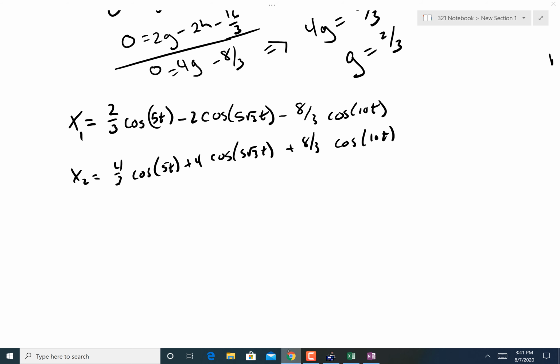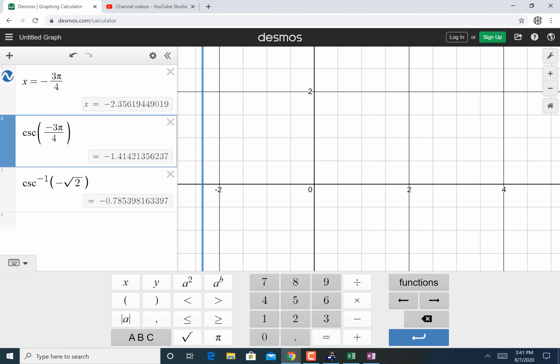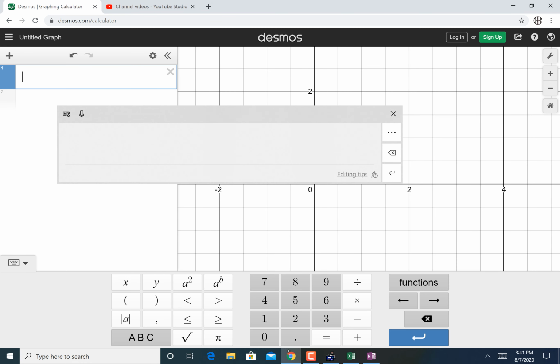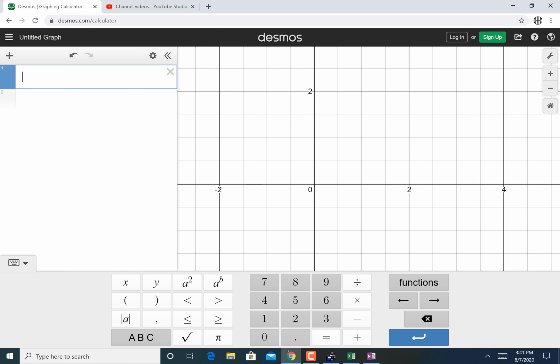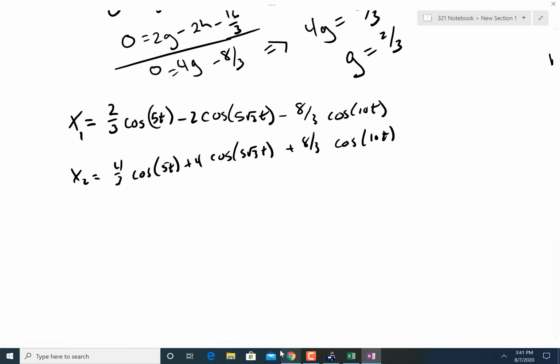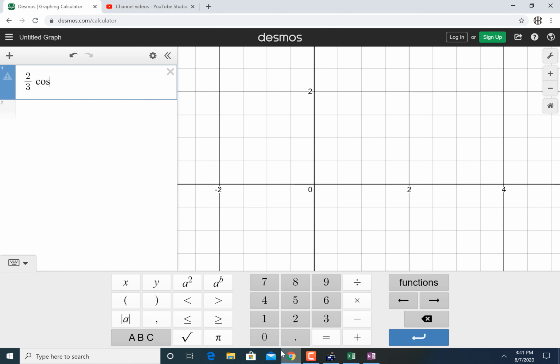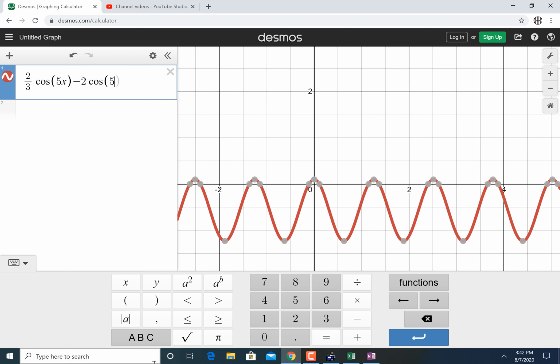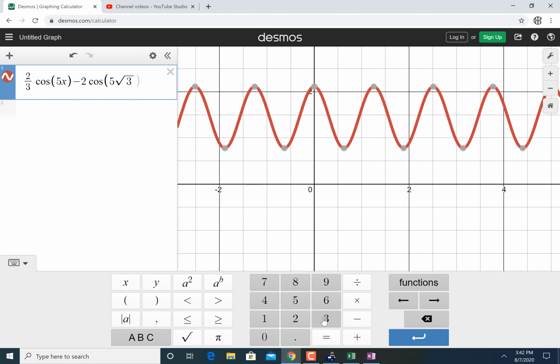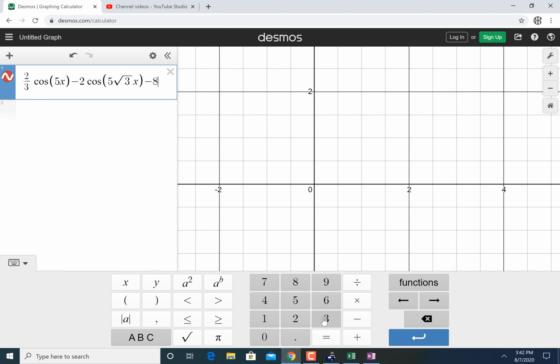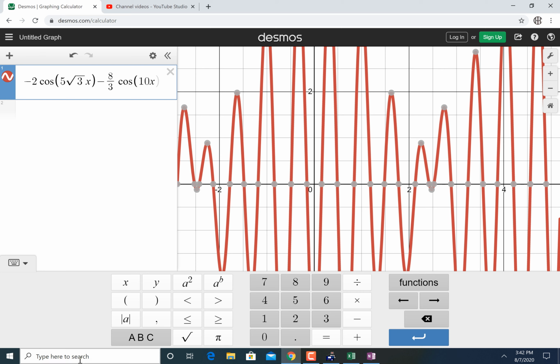If you were to graph those in the old Desmos.com, 2/3. Then I'm just going to copy this equation, because I'm lazy, and just change the coefficients.